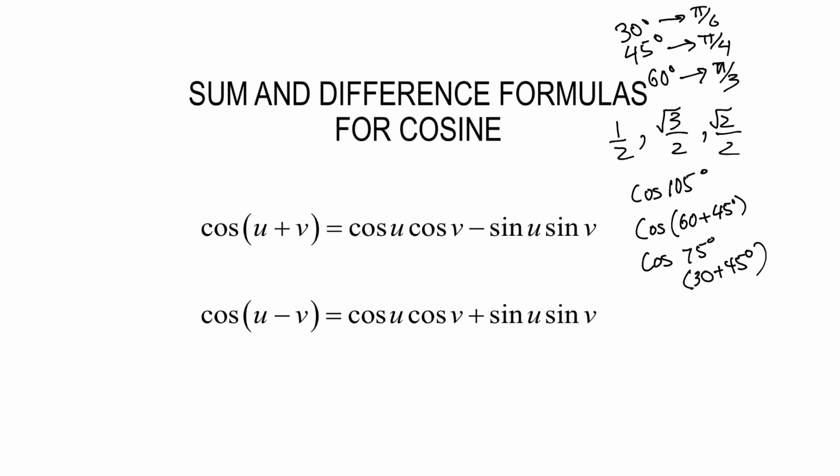At any rate, being that these are values that we have exact values for, the 1/2s, the root 3 over 2s, and the root 2 over 2s, we can actually find exact values for certain angles that break down into a sum or a difference of other angles that we know.